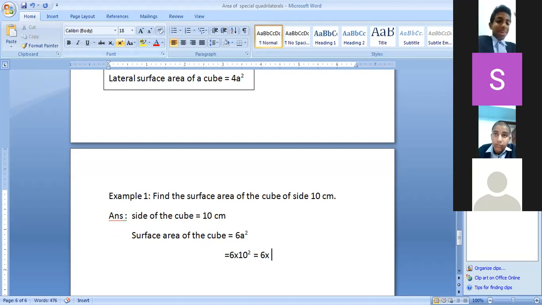A square means A into A. 2 square means 2 into 2. 4 square means 4 into 4. Then what is 10 square? 100. So 6 into 100, 600. 600 square centimeter is the surface area of the cube of side 10 centimeter. Clear?